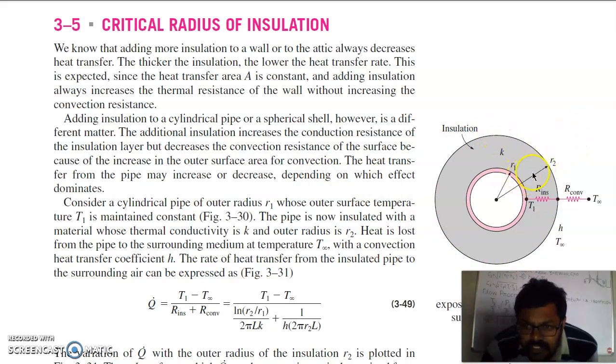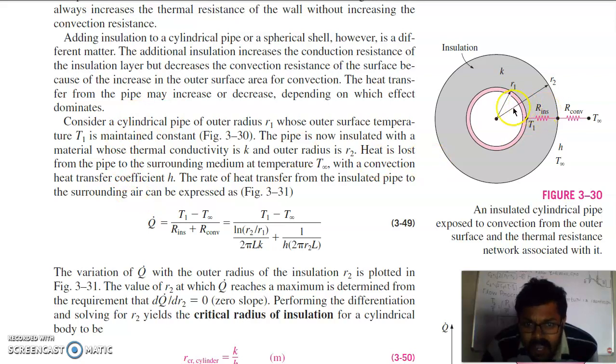If the insulation is much thicker, your area at the outer surface is more. So if the area increases, your convection heat transfer will increase. The heat transfer from the pipe may increase or decrease depending on which effect dominates. So we have to find it.